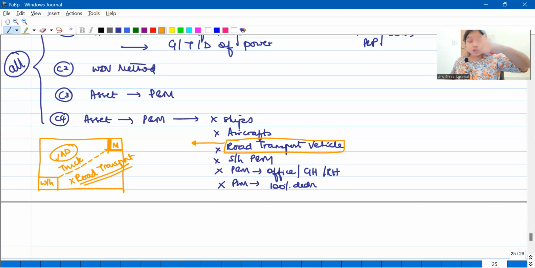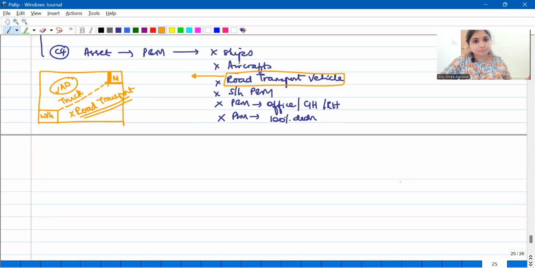Yes, guys, a very, very good point. Just be careful: if the vehicle is being used within the factory, it's not a road transport vehicle anymore, so you can claim additional depreciation. Generally, on road transport vehicles, you can't, but on vehicles used only within the factory, you can.